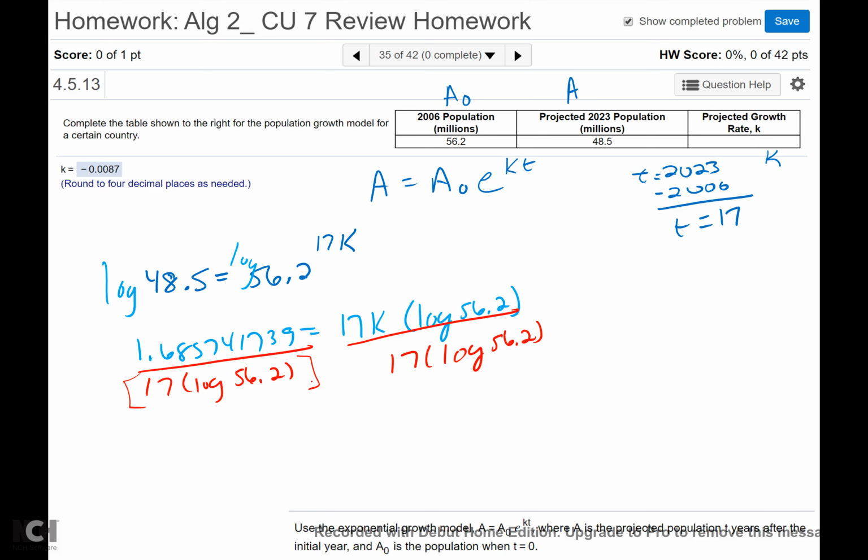2023 minus 2006, that's 17. So we have 48.5, 56.2, e to the 17k. Let me not do this yet. Log 48.5.